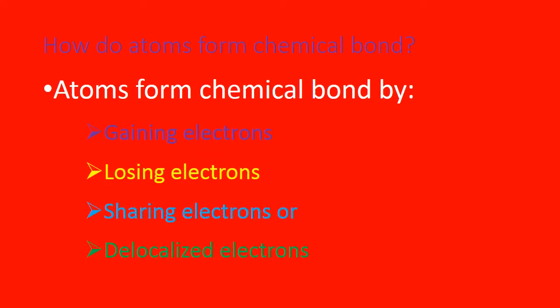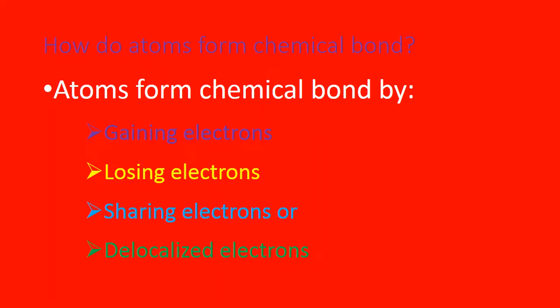Atoms form chemical bonds, or attain the nearest noble gas electron configuration, by gaining electrons, by losing electrons, by sharing electrons, or by delocalizing their electrons.